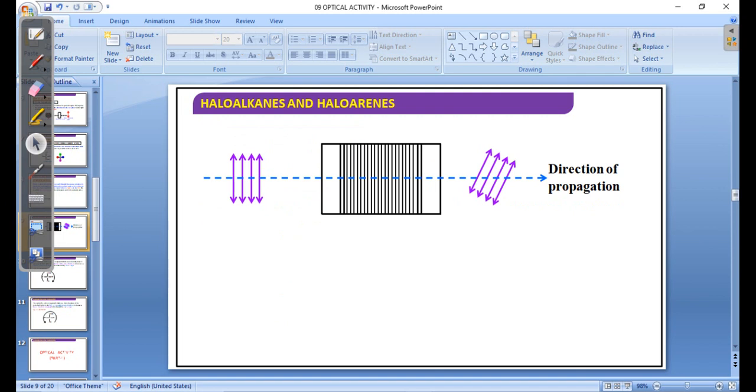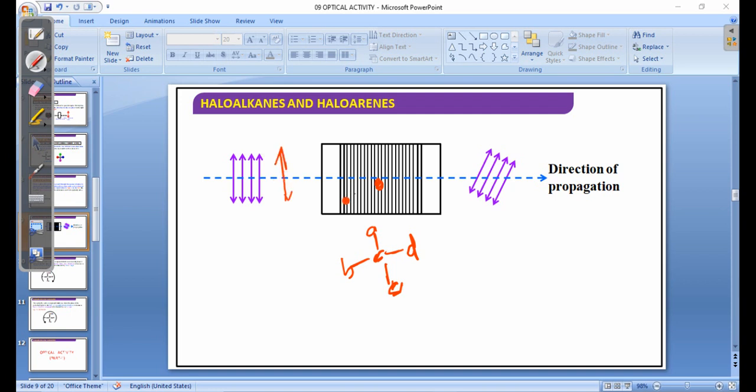See here, this light is passing through this aqueous solution, which contains a chiral carbon, the carbon attached to four different groups. This light is exactly vertical.